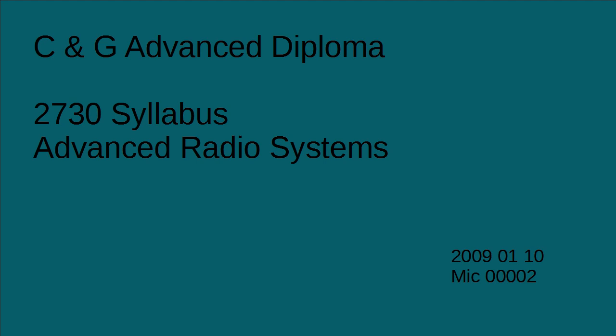From the dish antenna, maybe you can remember these simple equations. Gain is about 70 times (d over lambda) square.